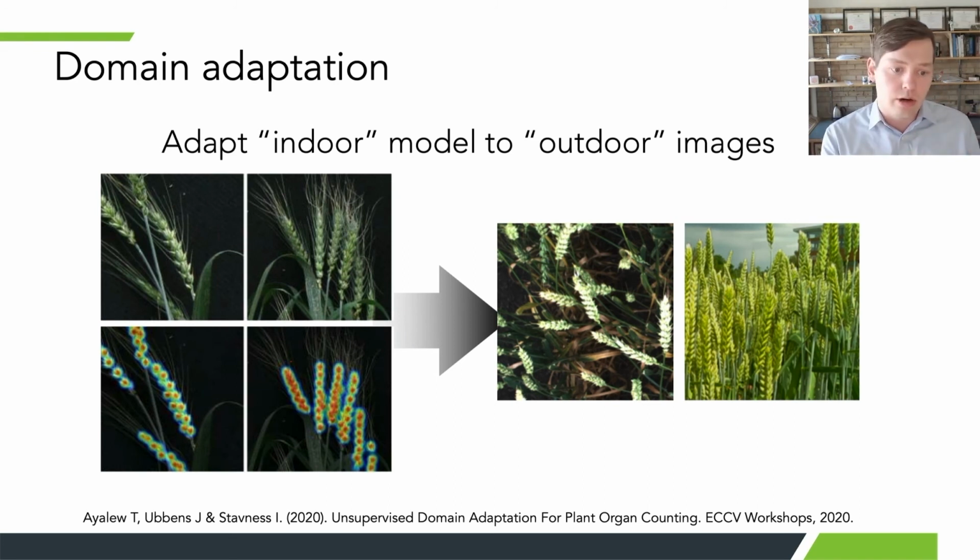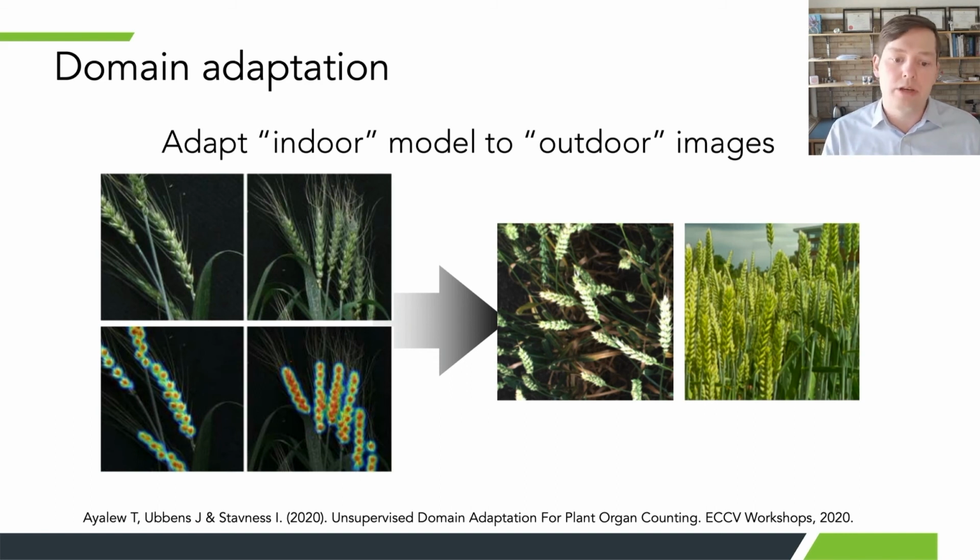These indoor or controlled environment images are often easier to annotate and access, and provide a good training set. But due to the differences from the indoor environment to the field condition, using them directly often doesn't result in good performance.